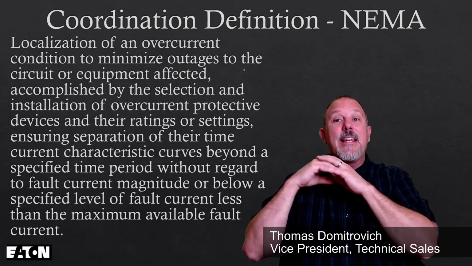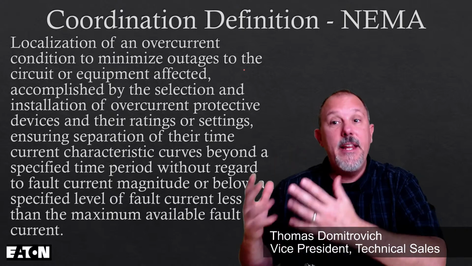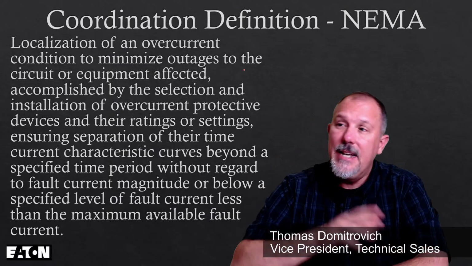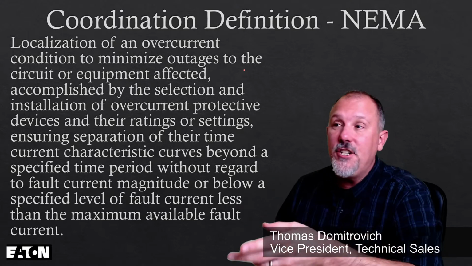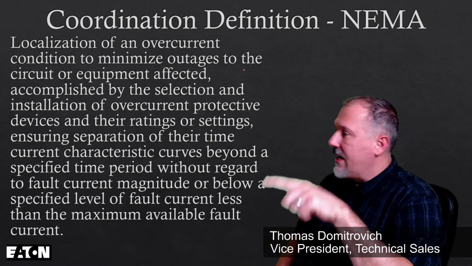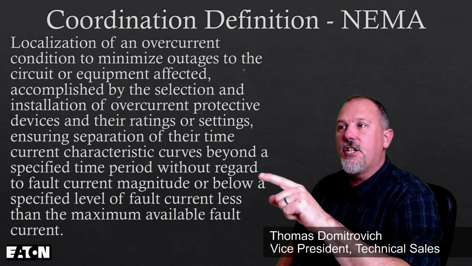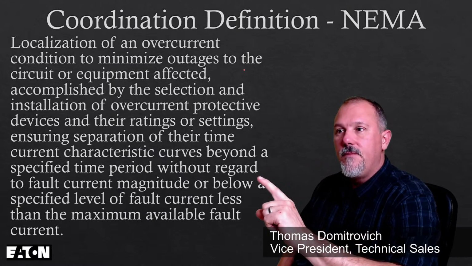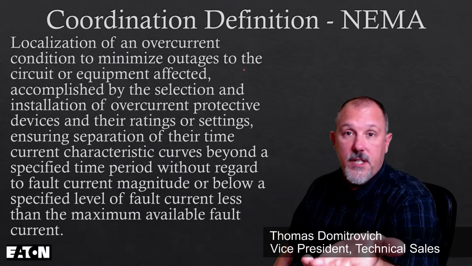Now, I like this definition that NEMA put together. NEMA says that coordination is localization of an overcurrent condition to minimize outages to the circuit or equipment affected, which is similar to selective coordination.